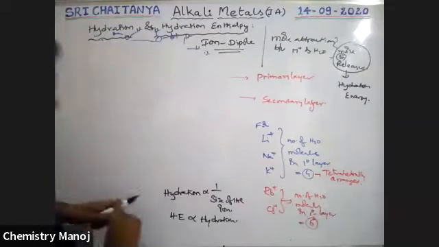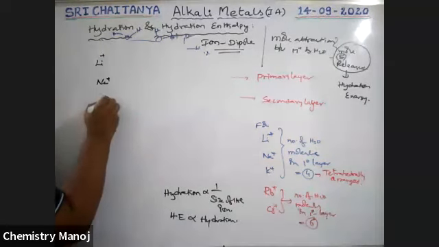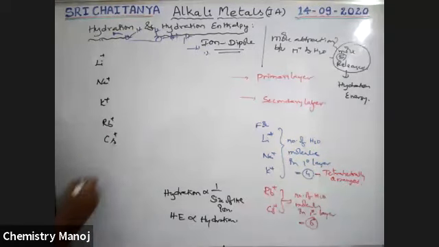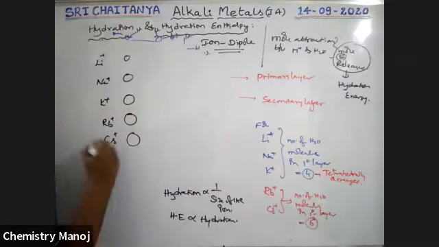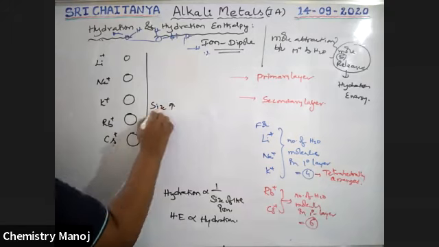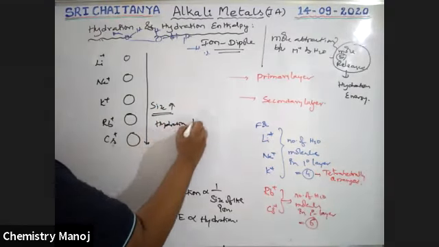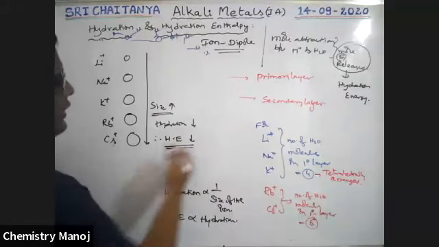See here, that is our lithium, Li plus, sodium, Na plus, potassium, rubidium and cesium plus ions. From top to bottom, the sizes of these ions increase. As size increases, hydration decreases, therefore hydration energy also decreases.